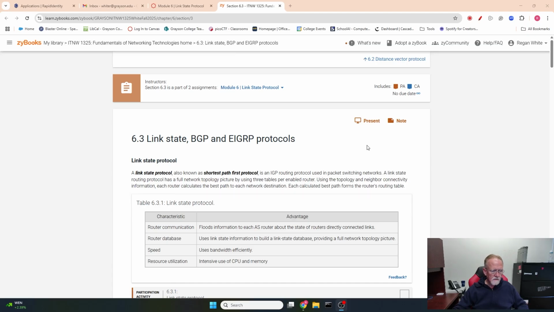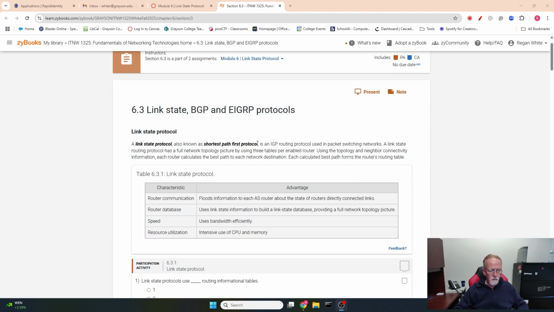All right, so this is Module 6, Section 3, Link State, BGP, and EIGRP protocols. The link state protocol, also the shortest path first protocol, is an IGP routing protocol used in packet switching networks. A link state routing protocol has a full network topology picture.